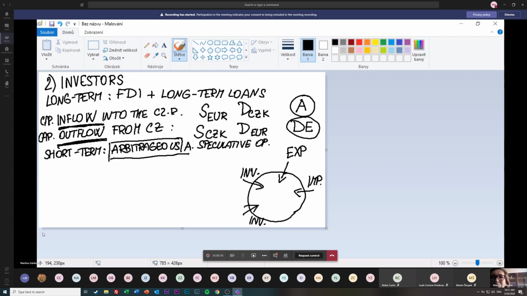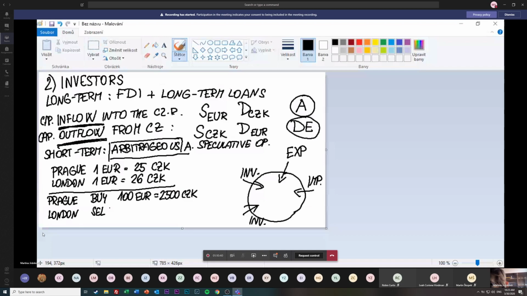We have two different places, and I can see it, and I have the idea, so I can do some profit here. So what I do in Prague, I buy 100 euro for 2,500 Czech crowns, and in London I sell 100 euro for 2,000 Czech crowns.